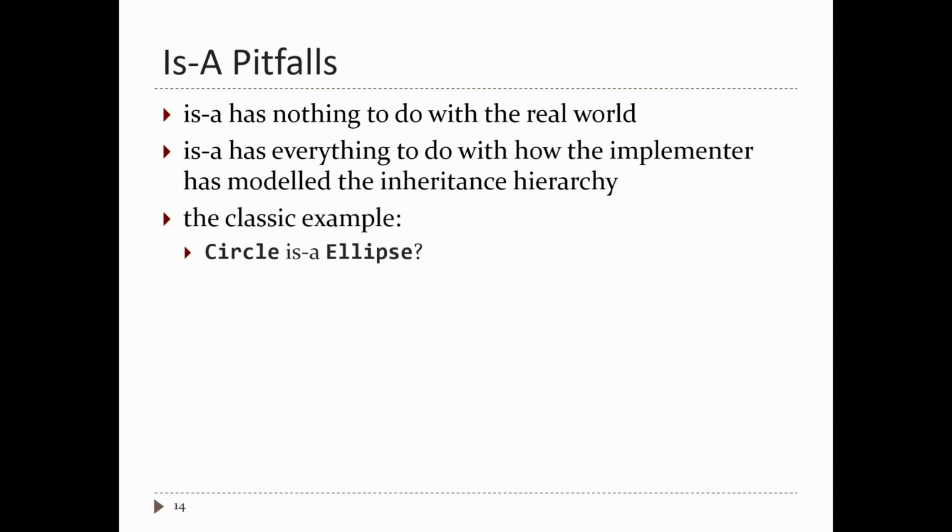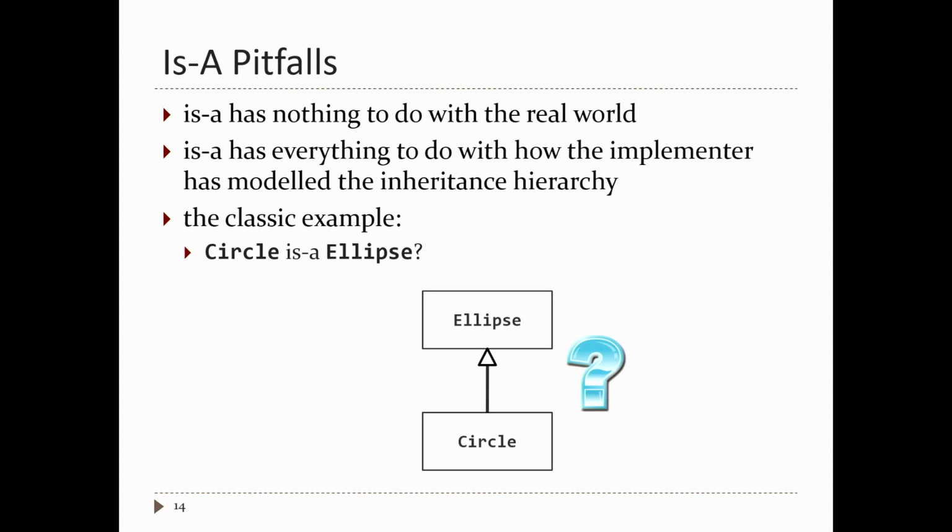So the classic example is a circle and an ellipse, right? If you're implementing a hierarchy of classes for shapes, you might have already implemented a class called Ellipse. Now remember what an ellipse is: it looks like an oval, or a symmetric oval.